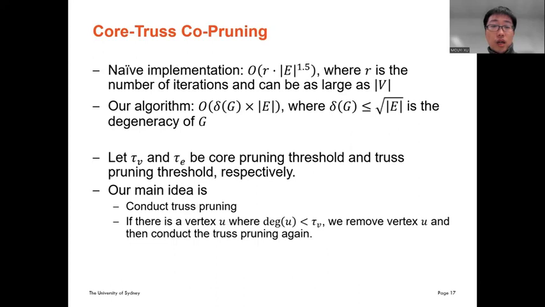A naive implementation of the previous idea has a time complexity equal to O(R times m to the power of 1.5), where R is the number of iterations and can be as large as the number of vertices.